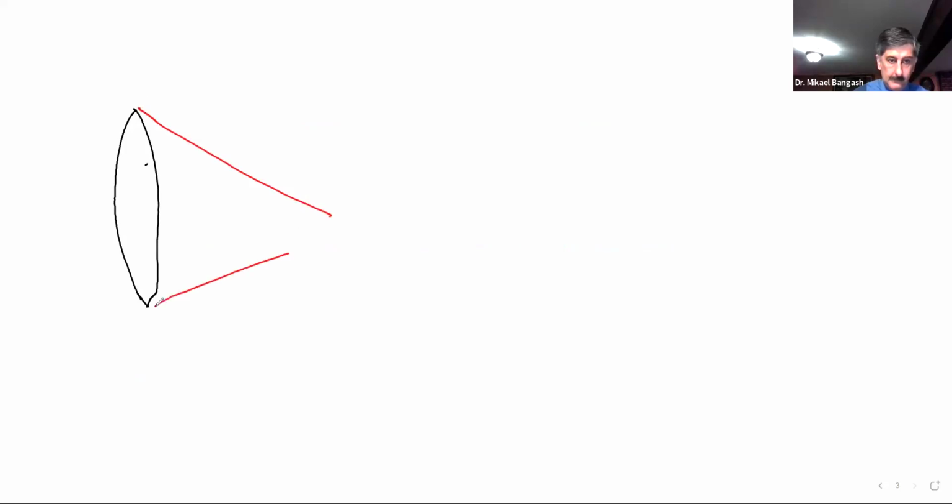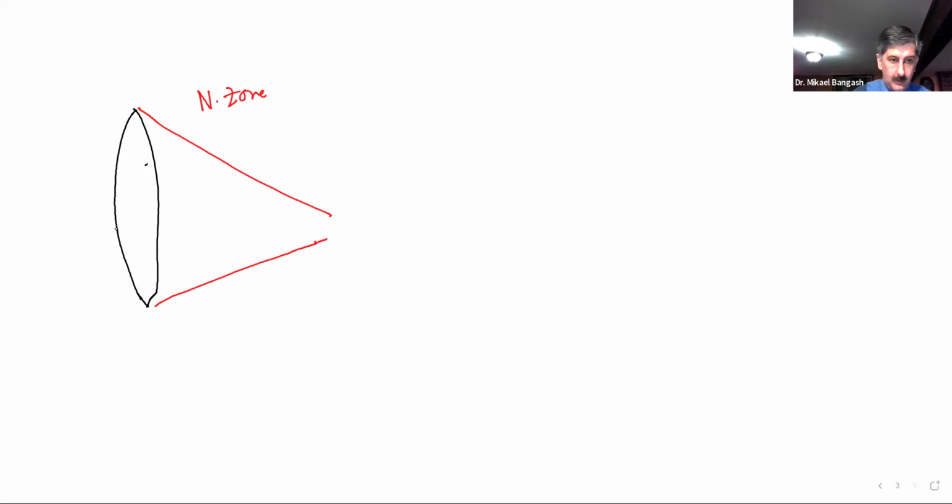I'm going to be drawing this beam here again and again. So this was the near zone.